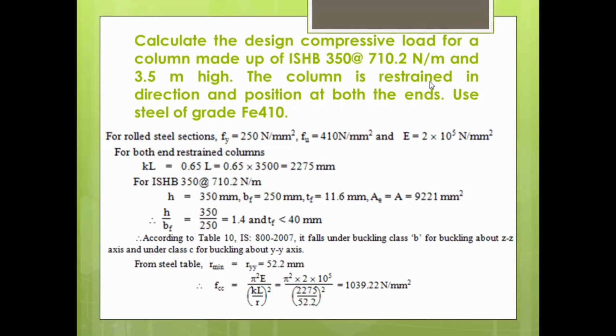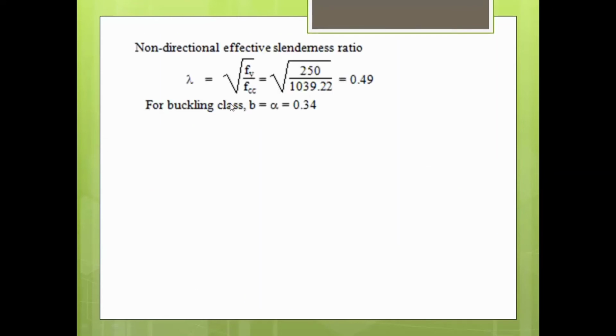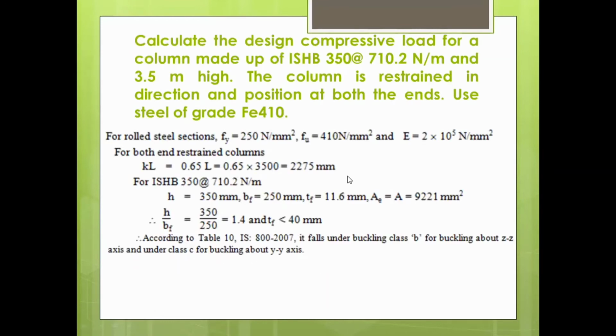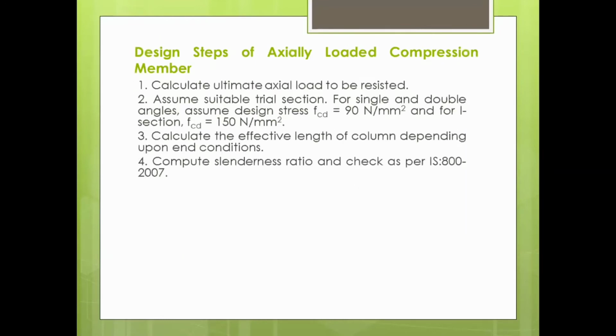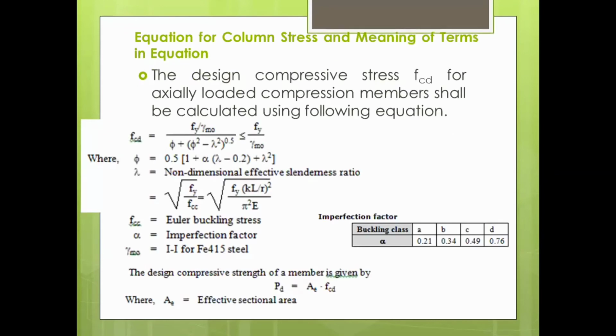Now for buckling class B, alpha is 0.34, which is the imperfection factor. If you remember, we have already noted these values here. For buckling class B, 0.34.